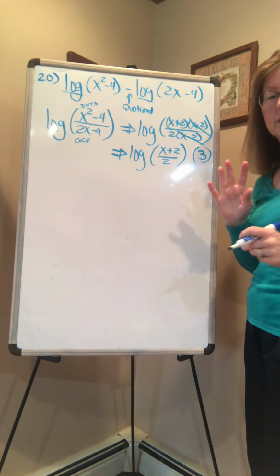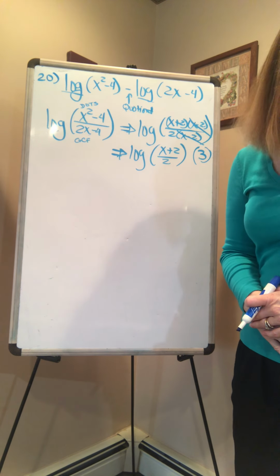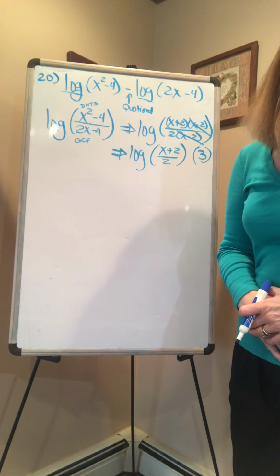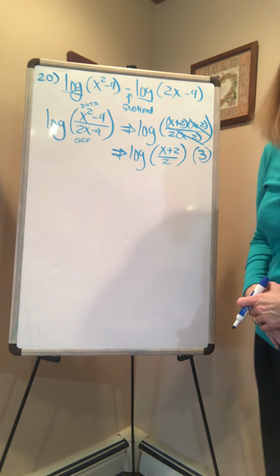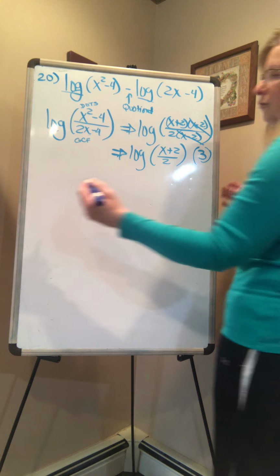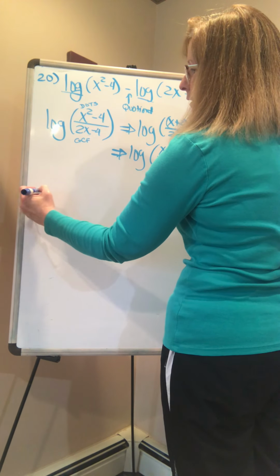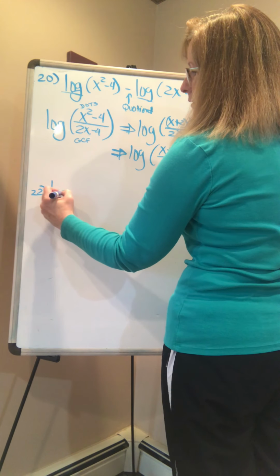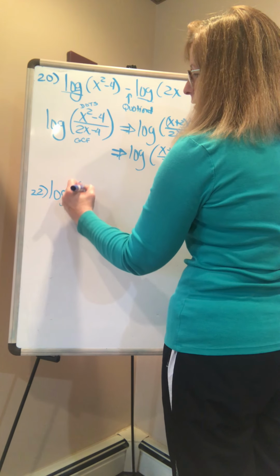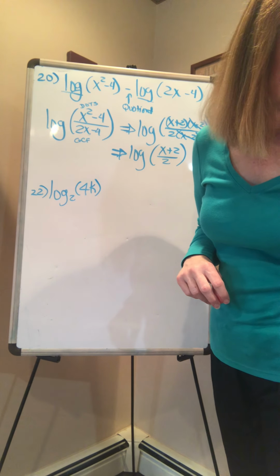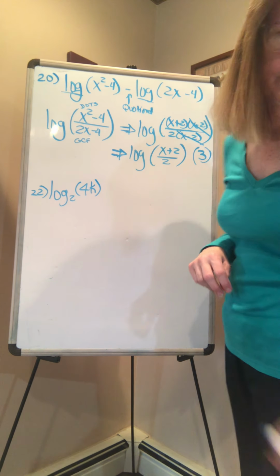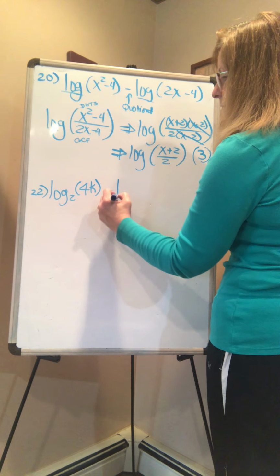If I remember, there were a lot of choice 3's yesterday too. All right, 22. For what value of k will this equation be satisfied? I have the log base 2 of 4k minus log base 2 of 3 equals 5.